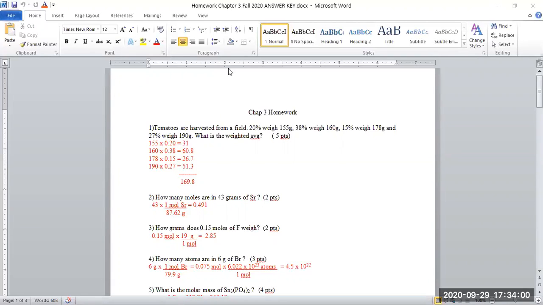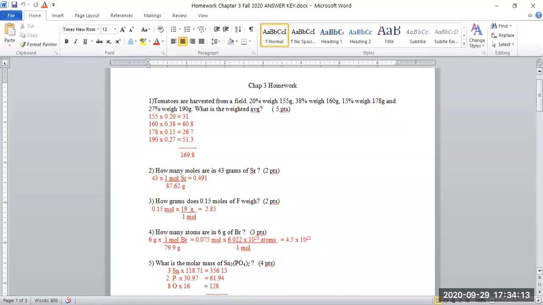The most common mistake that I saw made was people did a division. Weighted averages have no division step. So by the time you multiply across and you do your masses times your percentages by moving your decimal place, and then you total them up, you get a weighted average of 169.8.